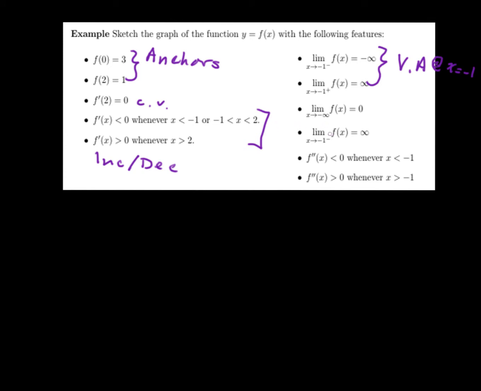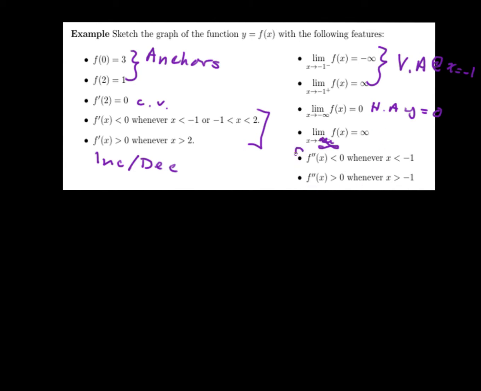Here, I see that as x goes to negative infinity, the output goes to 0. So this is telling me I've got a horizontal asymptote of y equals 0. But then on the other hand, here, there's a typo. That should be infinity, sorry. As x approaches infinity, f of x also approaches infinity. So there is no horizontal asymptote on the right-hand side.